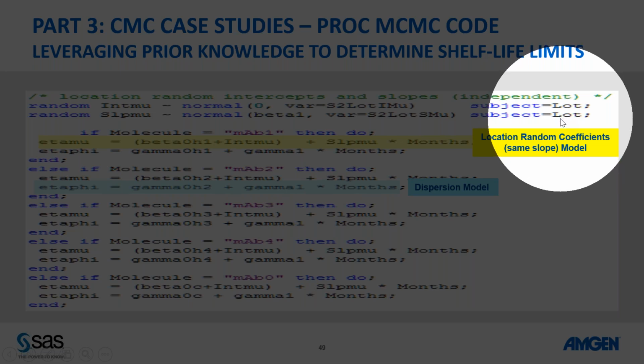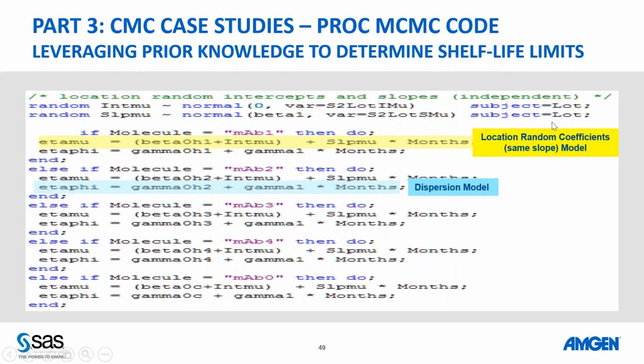So you can imagine that in this particular data set, every study, every lot is lumped together, and each lot has a lot indicator, which I think is the same as a molecule, because each has a lot and also has a molecule. Molecule goes from MAB1 to 3, 4, and 0.